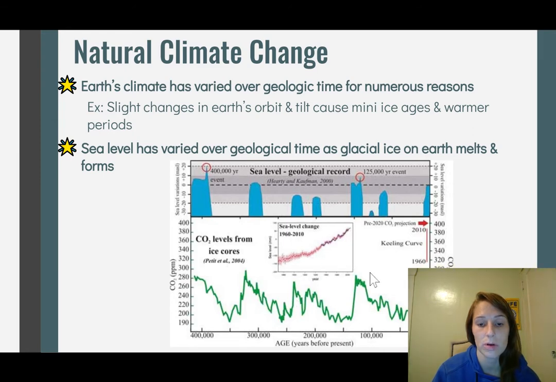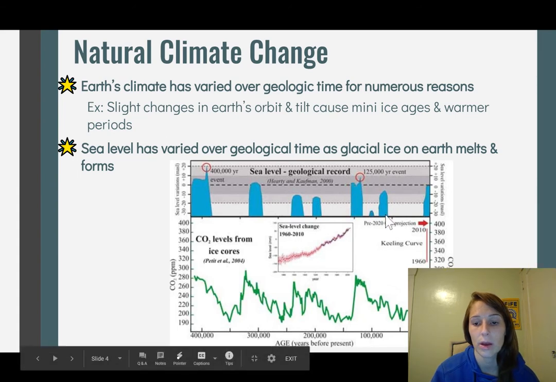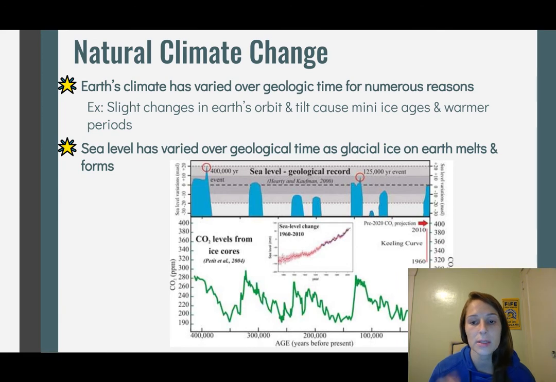So if you look at those corresponding peaks and we see sea levels going up, the change in carbon dioxide and the change in having these temperature fluctuations does also impact the sea levels on Earth, because higher temperatures means more ice melting, which means increased sea levels. So these natural climate changes end up having impacts on things like sea level.